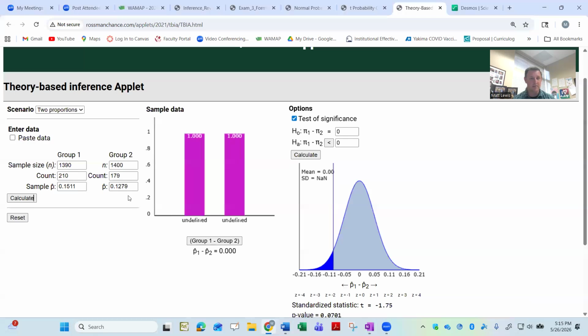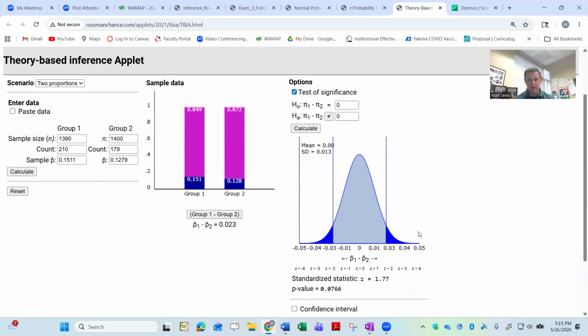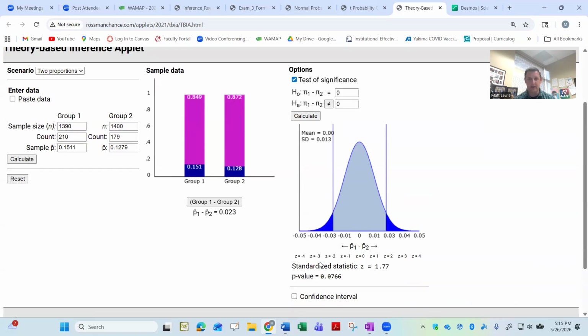Look at that. There's the sample proportions we came up with. And then we're going to make our alternative match with our alternative on paper. So we go not equal to. So here, with the two-tailed test, my p-value is 0.0766.